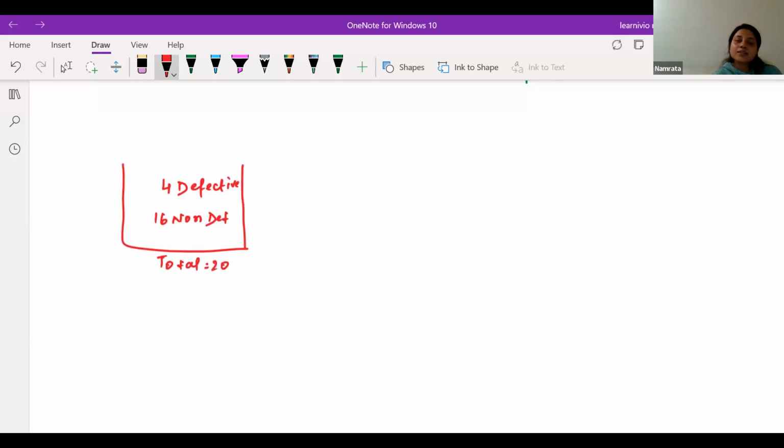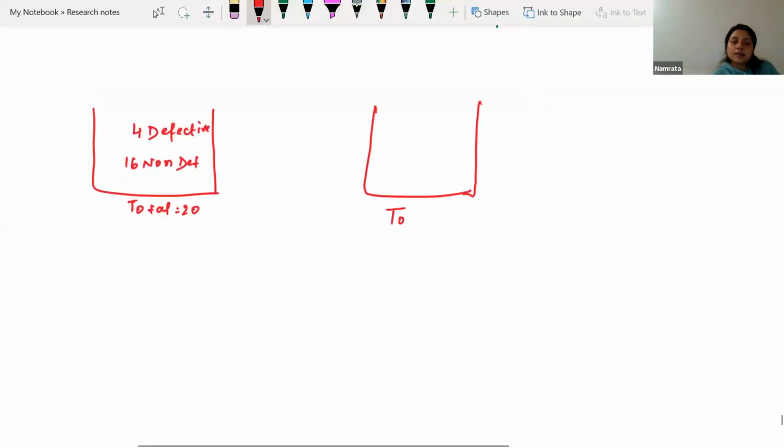Now one bulb we have taken out and kept aside. We are not going to replace the bulb which we have taken out. So now the total is 19. But whatever we have taken out was non-defective. So 15 non-defective are remaining, and 4 defective are still there.